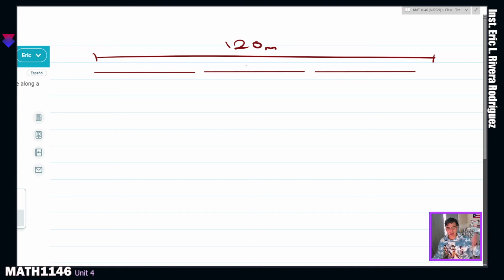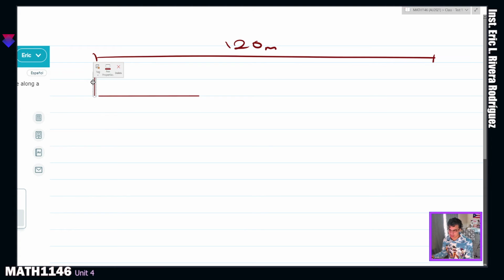But we are going to break down those 120 into 3 pieces to create a rectangular shape, 3 sides of a rectangle. All right, let me erase this one. So those 120. Now I'm going to create a 3-side rectangle with that amount. And this is the rectangle that I have here, right?